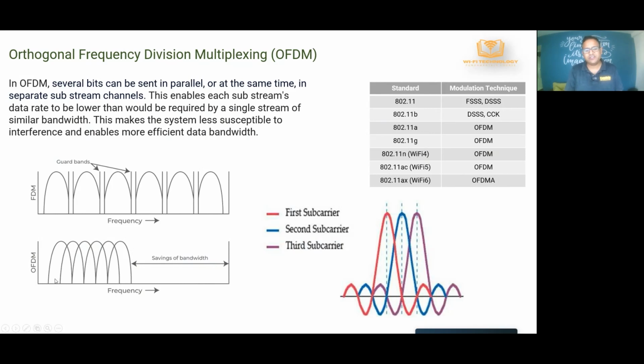And it is done in such a way that it is orthogonal. For example, signal 1, which is red here, is transmitted in such a way that the peak of that signal coincides in time with the null of the other signals. So when the symbols are overlapping, they can still overlap, but at the same time they can avoid interference.